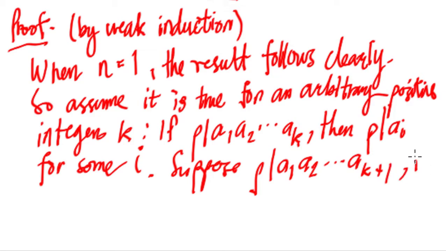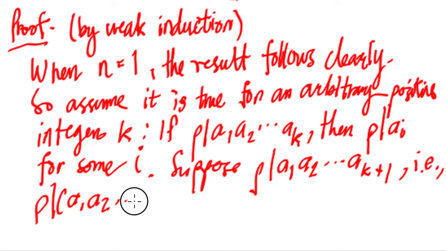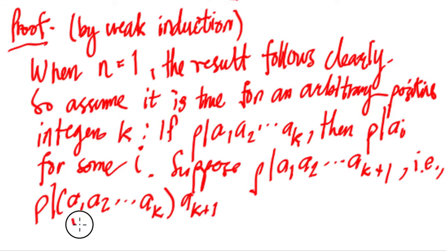That is to say, p divides a sub 1, a sub 2, up until a sub k, times a sub k plus 1. What we did is factor out a sub k plus 1, which is valid because this is just multiplication, and we're just putting a grouping over here.